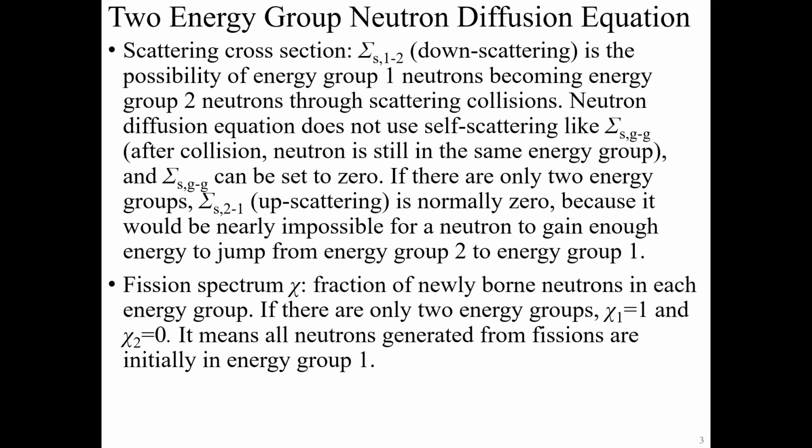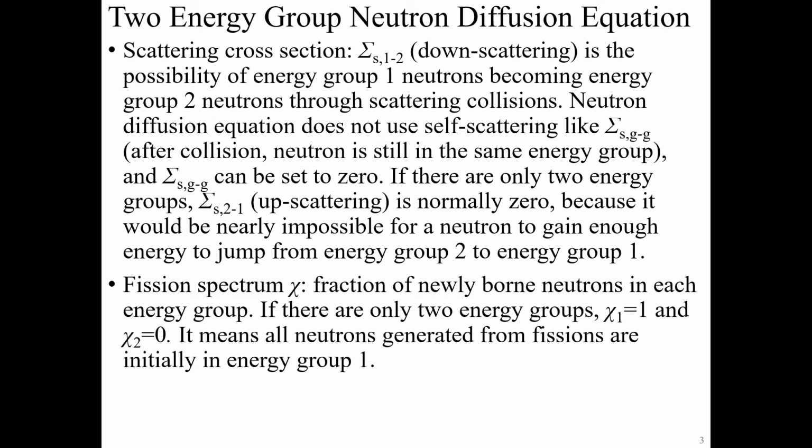Some of those neutrons are in energy group 1, and some of the neutrons may be in energy group 2. So chi represents the fraction of the newly born neutrons in each energy group. If we say that chi 1 is equal to, for example, 0.99, it means that 99% of the newly generated neutrons are in energy group 1.